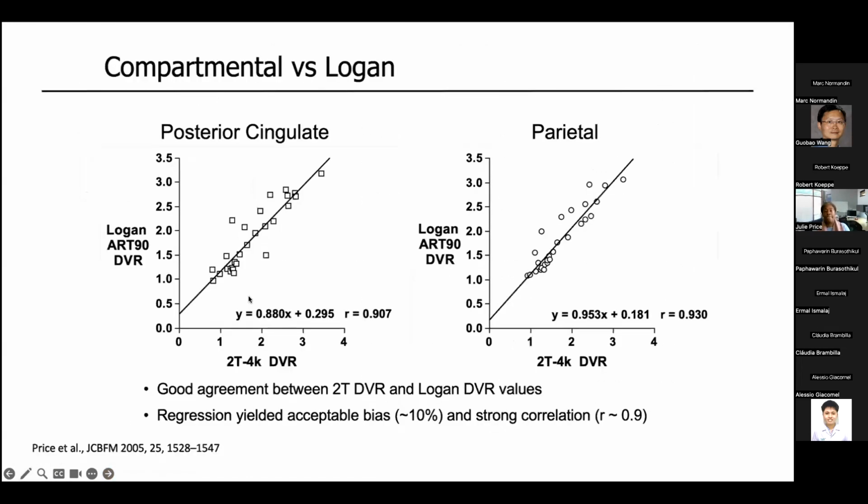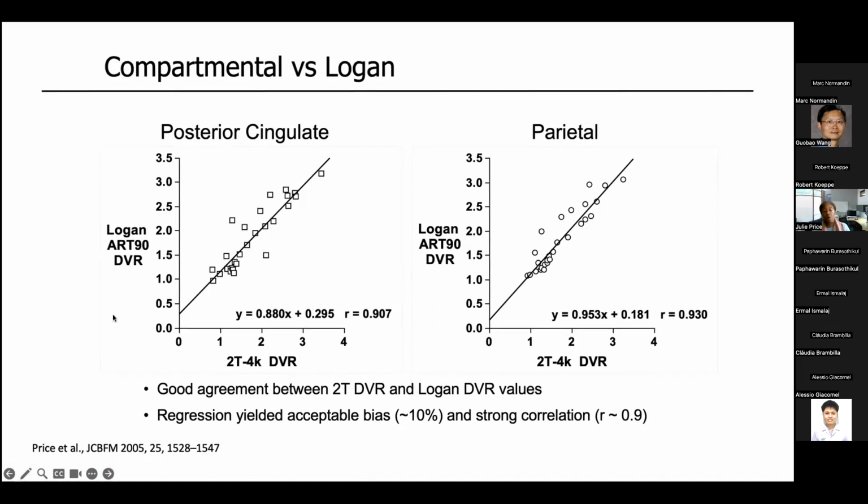And then the next thing is, how did the simplified method relate to the compartmental method? This is just an example of the posterior cingulate and parietal that would have significant protein concentrations in AD, and good agreement was found with some bias for the Logan method relative to the 2T compartment.